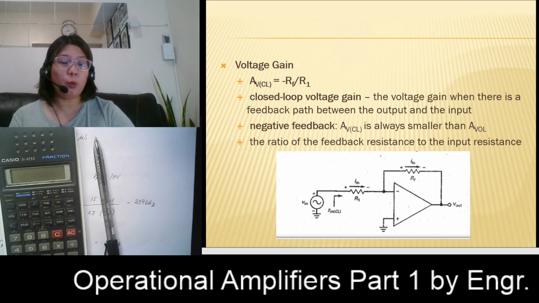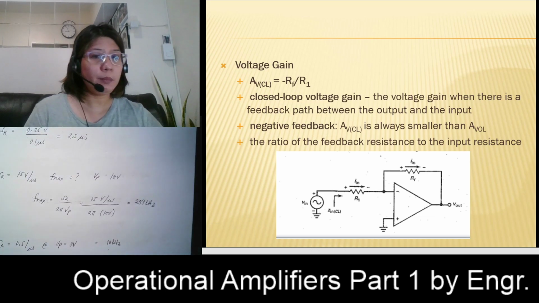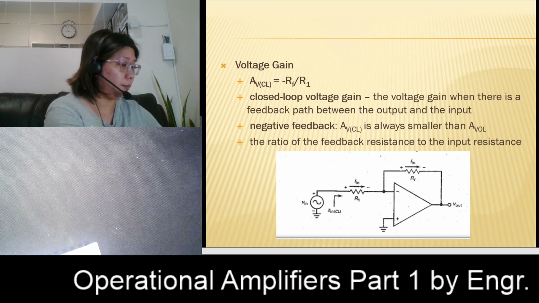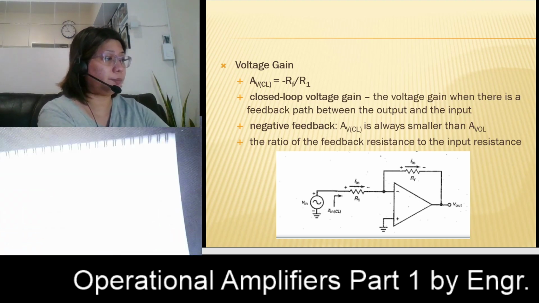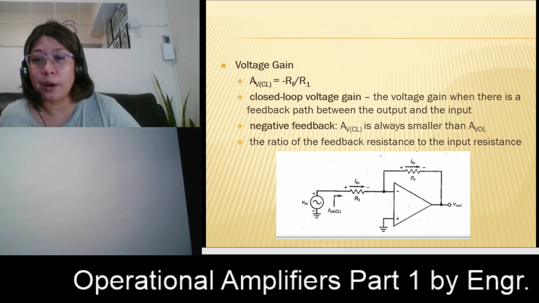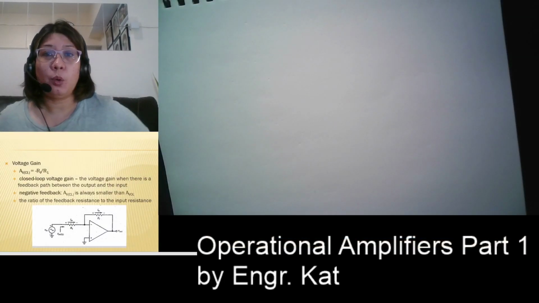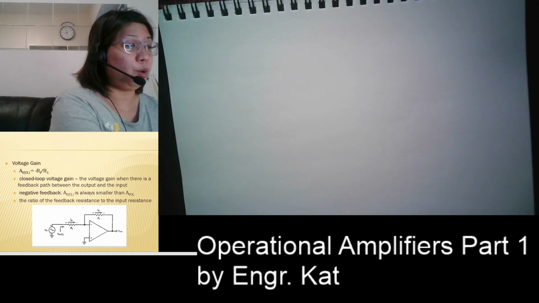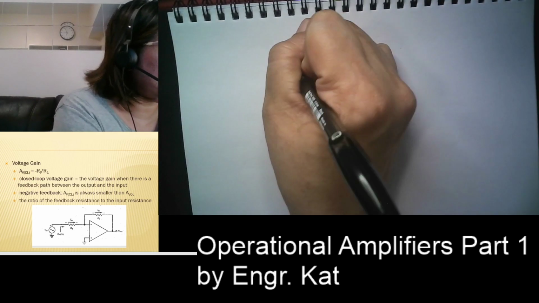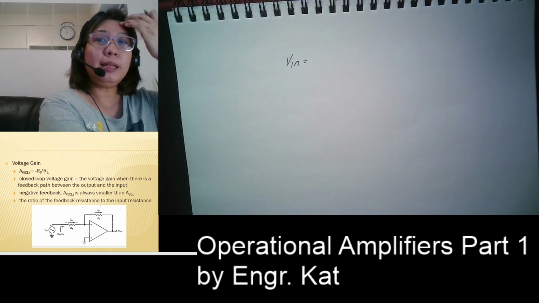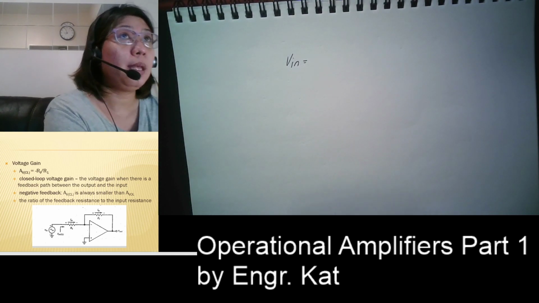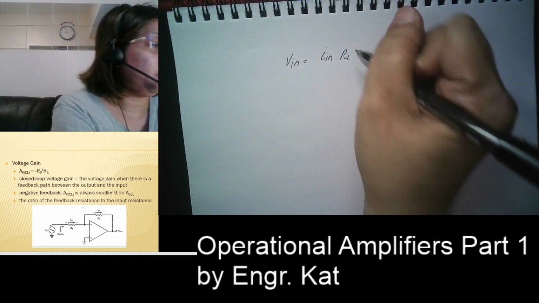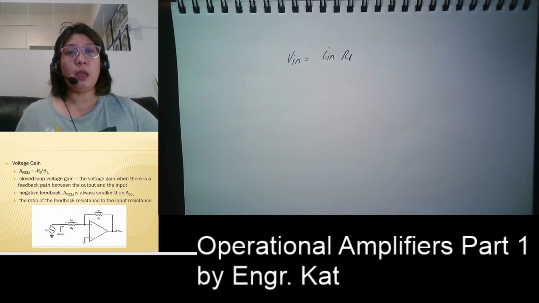If you look at our circuit there, what is our input? Our input there is equivalent to your Vin. So your input voltage there is equal to Vin, and that is equivalent to I in multiplied by R1. So this is your input voltage.